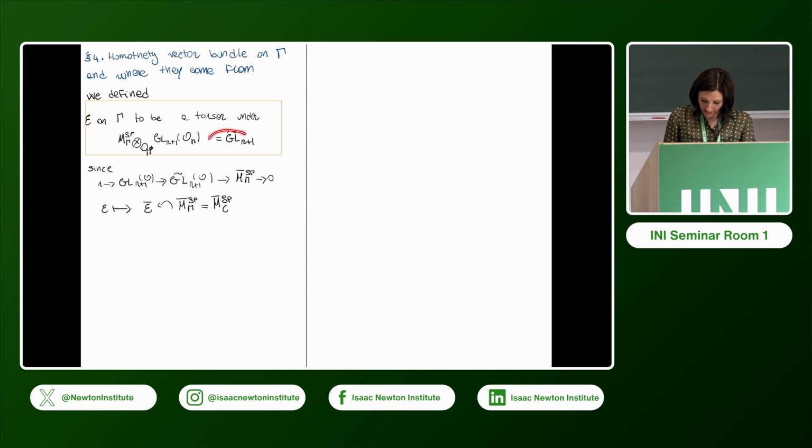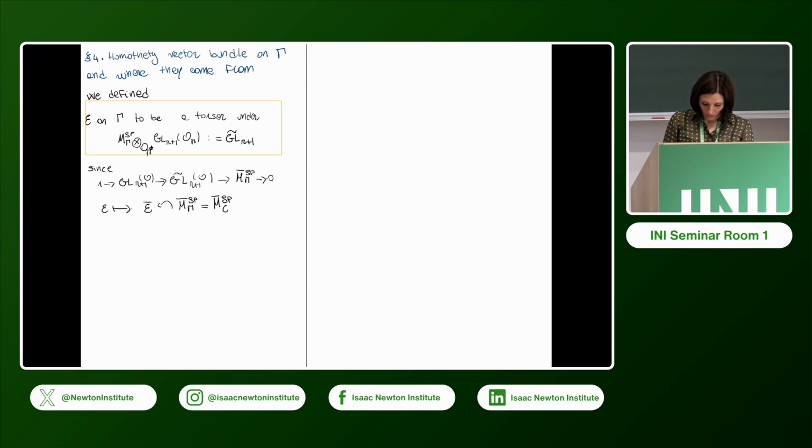And what we consider here is we take the usual linear group, and what we do is we extend its center. And this is what this GL tilde is. And we consider torsors under this group, and that is what we call a vector bundle up to homothety. And again, let me try to give an intuition for what this is.